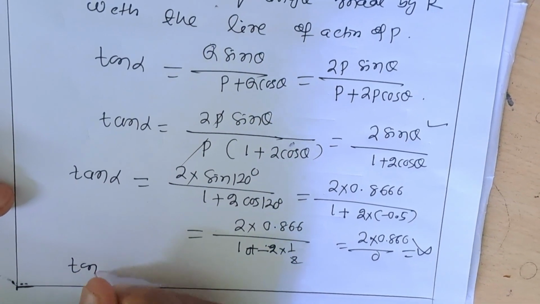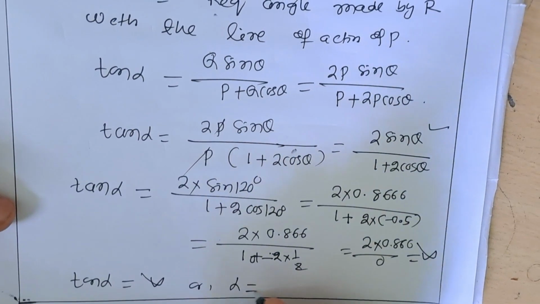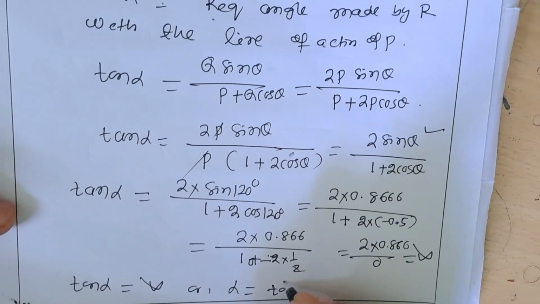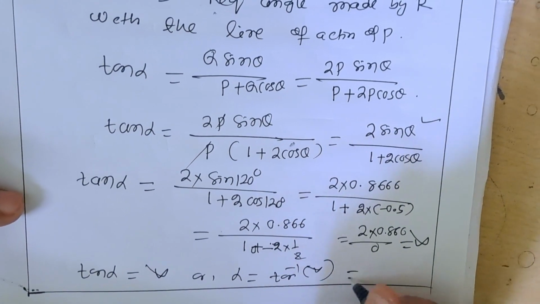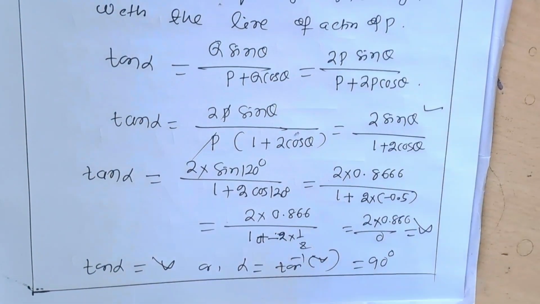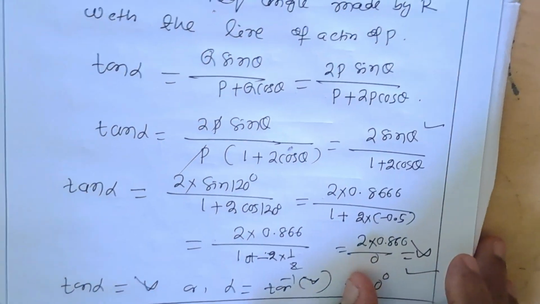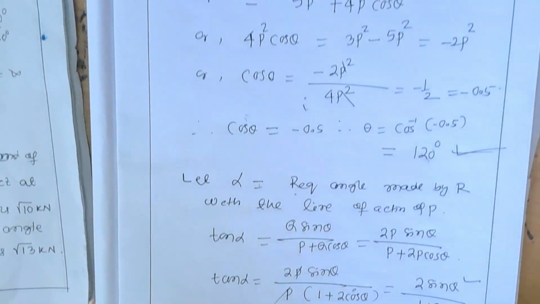Therefore, tan alpha is equal to infinity, or alpha is equal to tan inverse infinity, which is equal to 90 degrees. Therefore, the required angle alpha is equal to 90 degrees. Now, these are two very important problems.